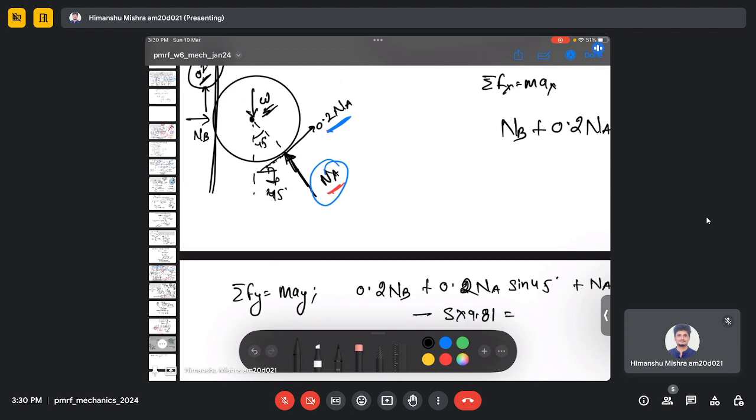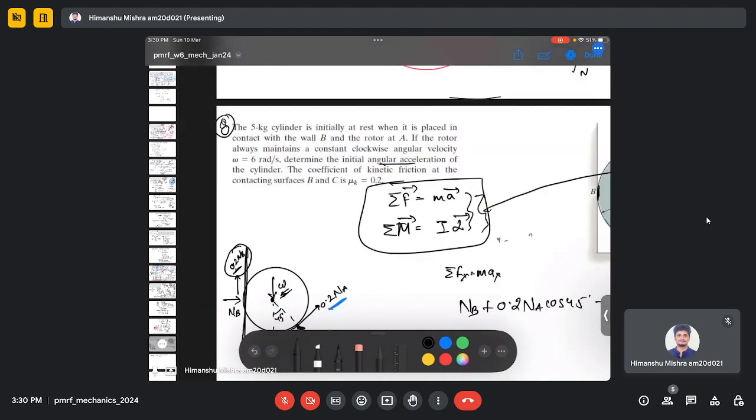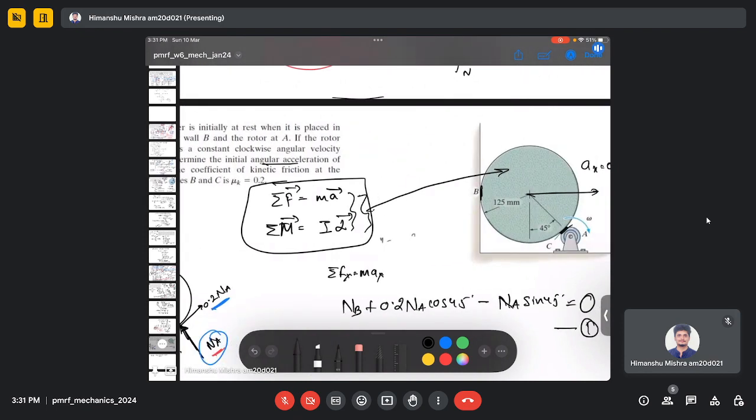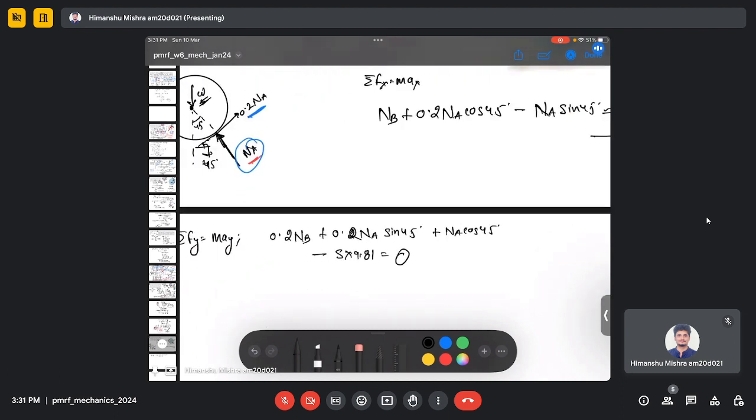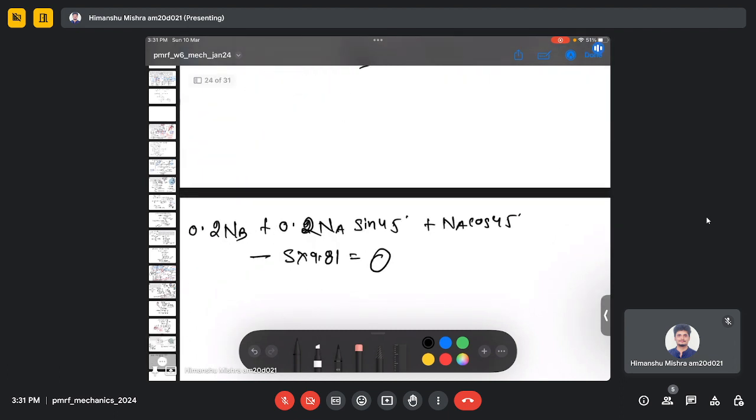Again there is no acceleration in the y direction because this cylinder is in contact between this pulley and this wall, so it is also not moving in the vertical direction. So it is zero. So as of now we can see the problem is related to the case where the force balance summation of all the forces turns out to be zero, which we have done in plenty of cases already in the previous weeks.